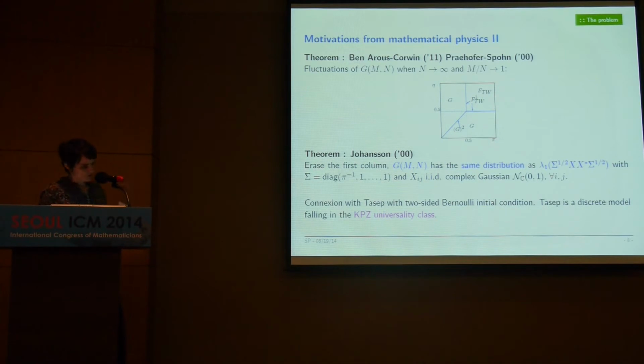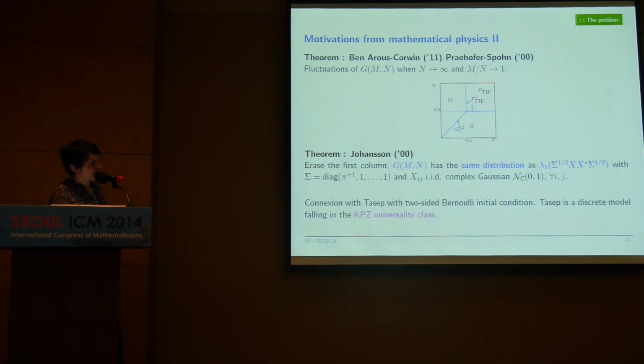And so in a recent result by Bellows and Cohen, they have actually given the complete characterization of the fluctuations of G of Mn as n goes to infinity, for any value of the slope m over n. But I will only discuss the case where it's equal to 1. And I don't want to really discuss the limiting distribution.